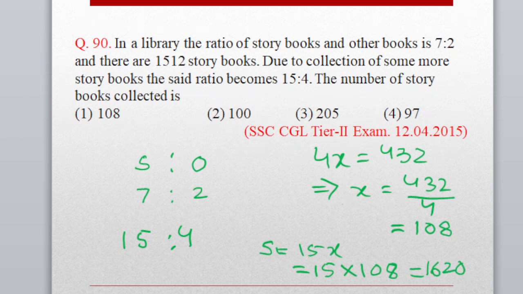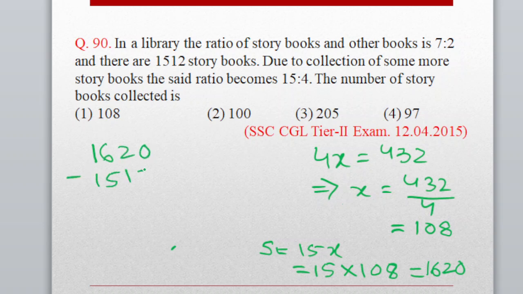Earlier the storybooks were 1512 and now it is 1620. So the difference is 1620 minus 1512, which is equal to 108. That means option 1 is the right answer.